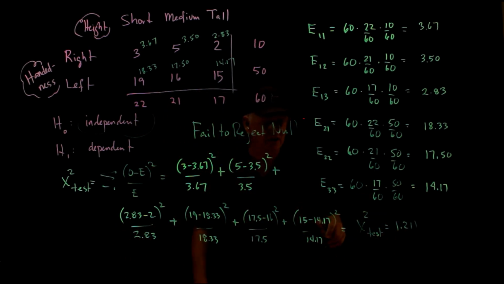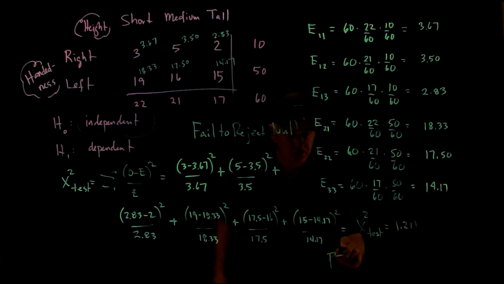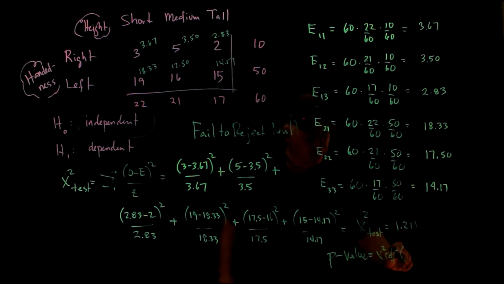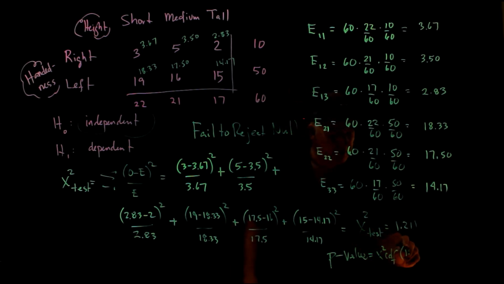I now want to calculate the p-value associated with that. That requires that I go to chi-squared CDF. The lower boundary is 1.211. The upper boundary is 10 to the 99th.